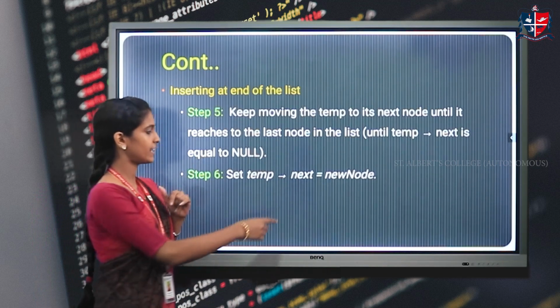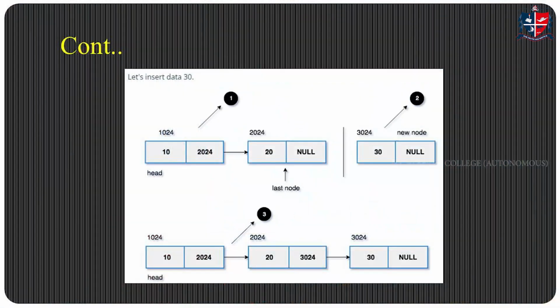Let's see this through an example. Here this is our list, which is not empty. Here 10 and 20 are there, and I want to insert 30 after 20. First of all, create a new node with 30 and set 30's next as null. Now I want to give the link, so I want to traverse and move on to the last node.